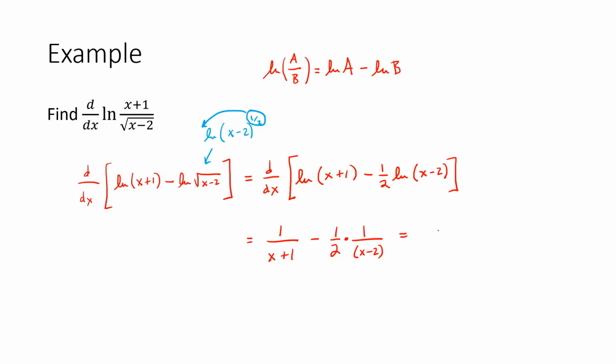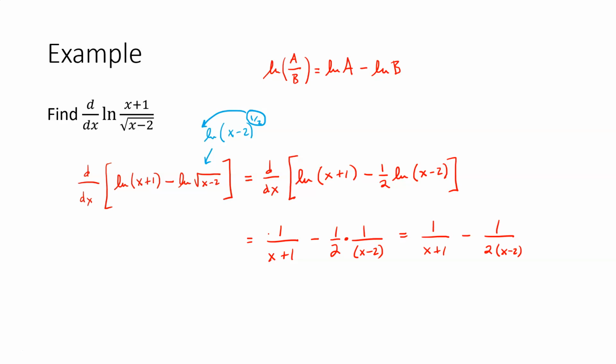In fact, here I can just write this as 2 times x minus 2. Okay, so notice that this was perhaps simpler than having to use the quotient rule by leaving it how it was originally written.